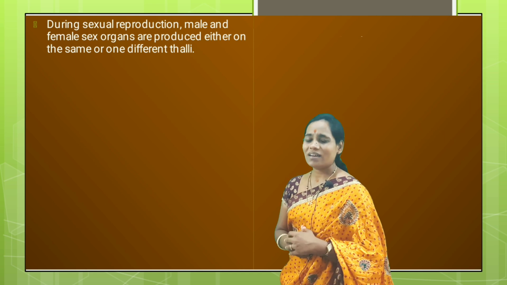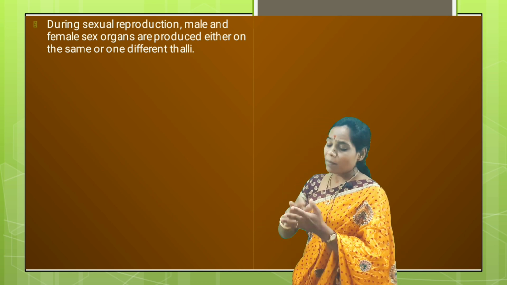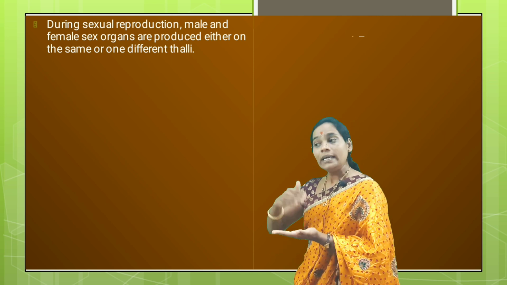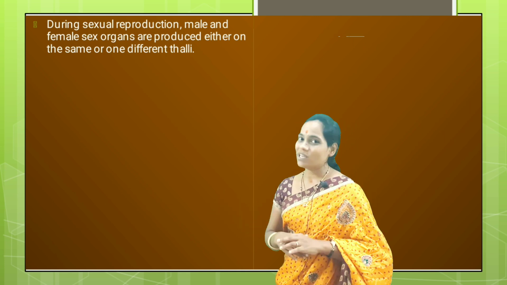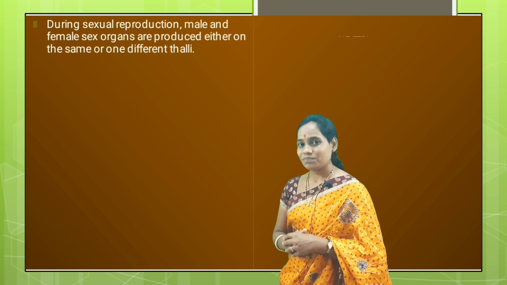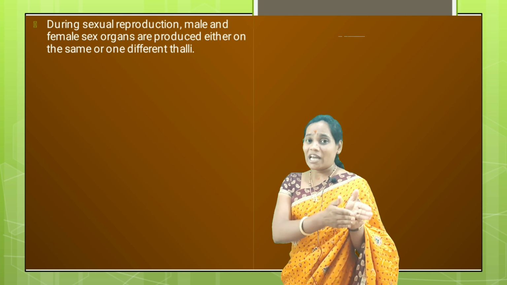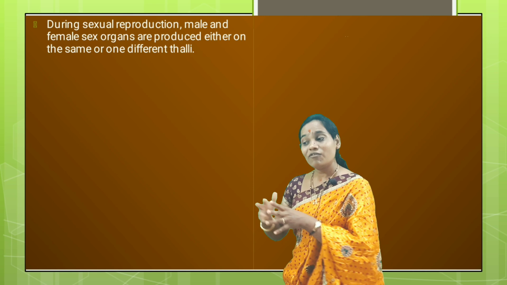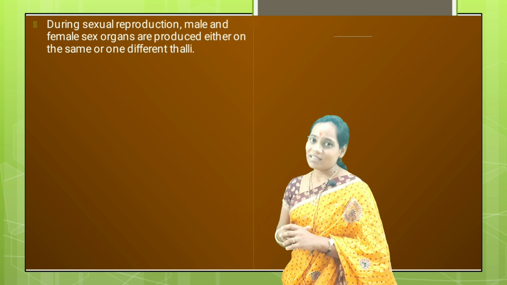But remember, the male and female sex organs may lie on the same plant body or on two different thalli, as male thallus and female thallus, as we see in Marchantia. The male thallus will have the male sex organ, antheridium. The female sex organ, archegonium, will be present on the female thallus.